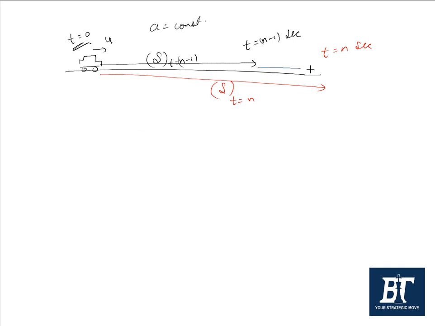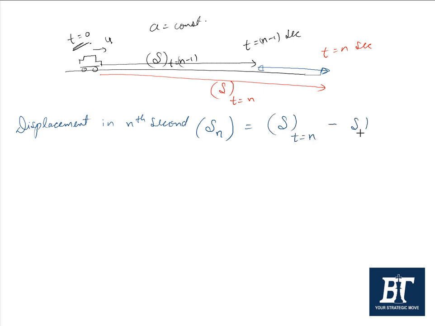So this difference is the displacement that is being covered by this body in nth second of the motion. So the displacement covered by this body in nth second is equal to displacement covered by this body in n seconds minus displacement covered by this body in n minus 1 seconds.